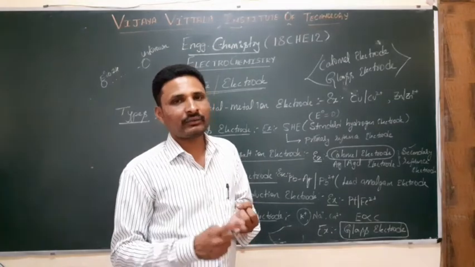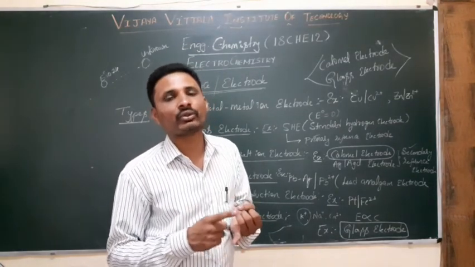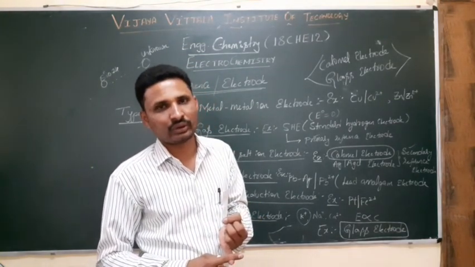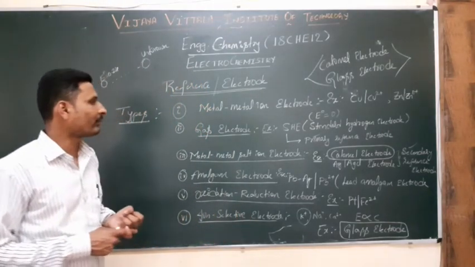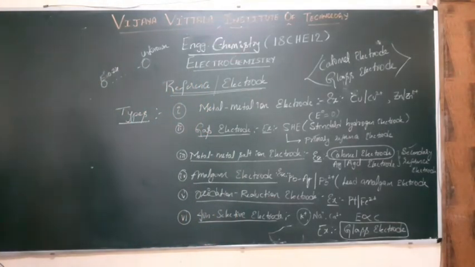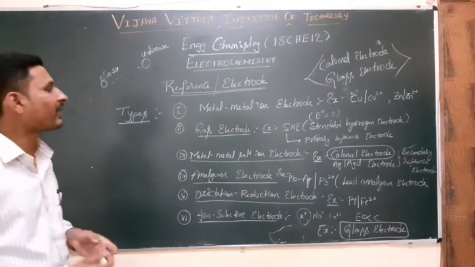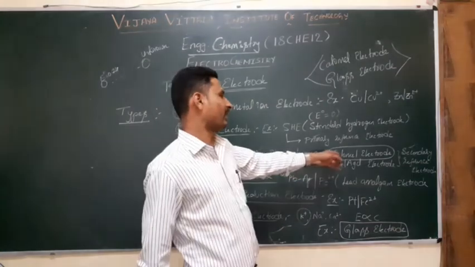Primary reference electrode, for example, standard hydrogen electrode. In the standard hydrogen electrode, the electrode potential is arbitrarily taken as 0, and due to the difficulty in handling the hydrogen gas, the secondary reference electrode is preferred.